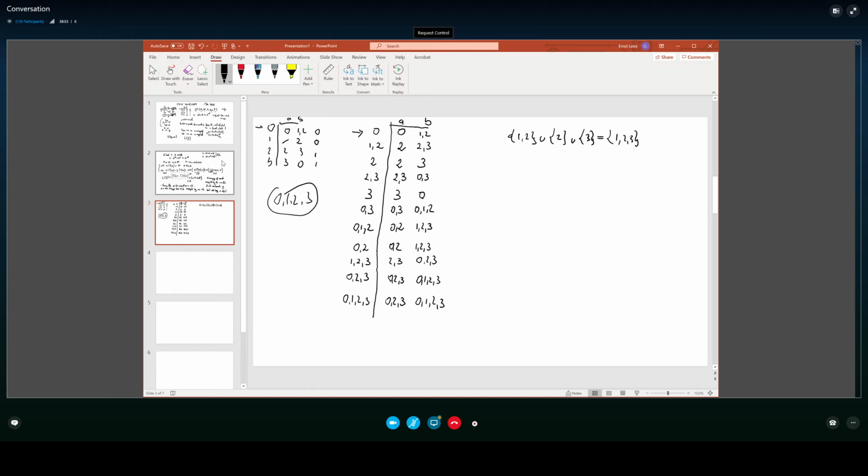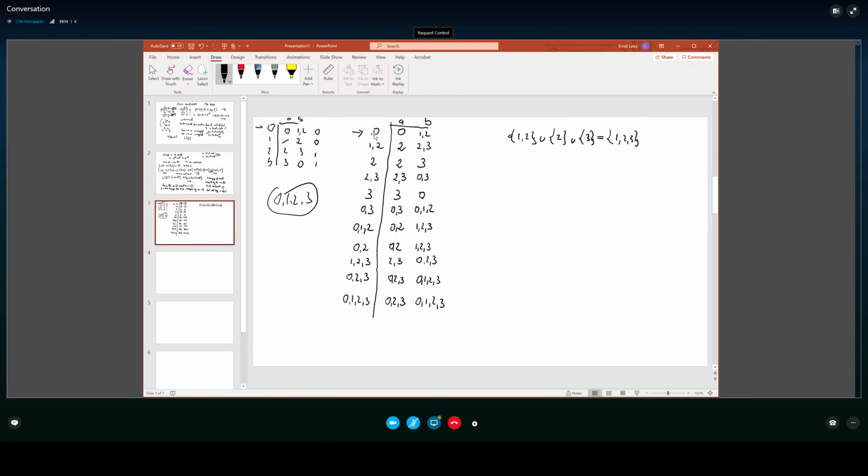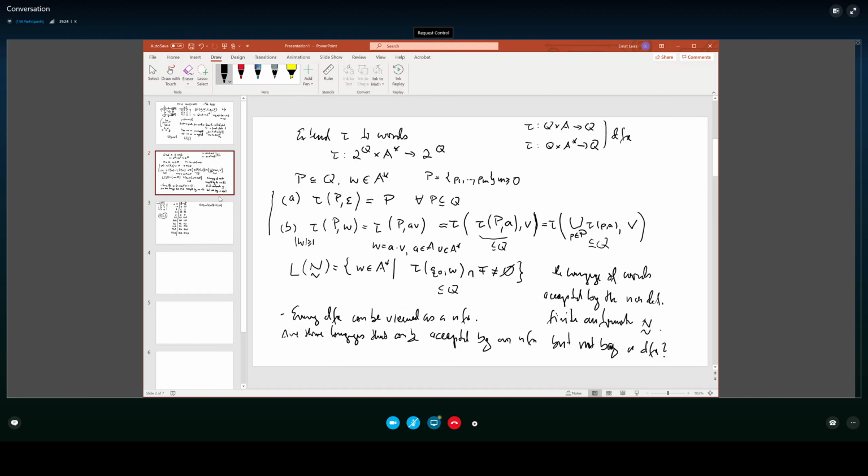This test basically said we're looking at the words, and so basically what we have been doing here is we systematically did that tau of q sub 0 and w for all possible words w. We started with the initial state, so this was tau of q sub 0, and all of these things that we encounter correspond basically to different words. So we're doing tau of q sub 0 and w, and generate all those sets.